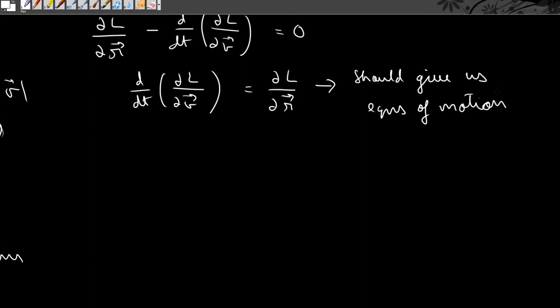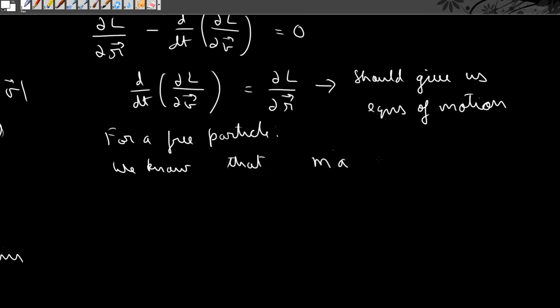Okay, and for a free particle we know that mass times the acceleration must be 0. Or in other words, d by dt of the momentum must be 0.